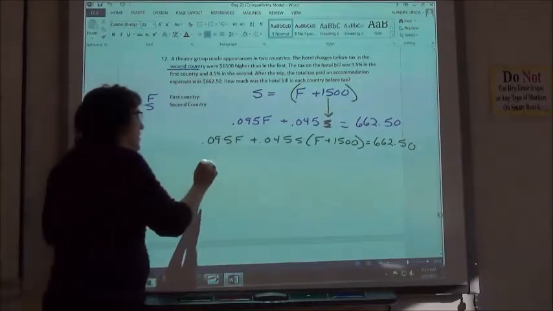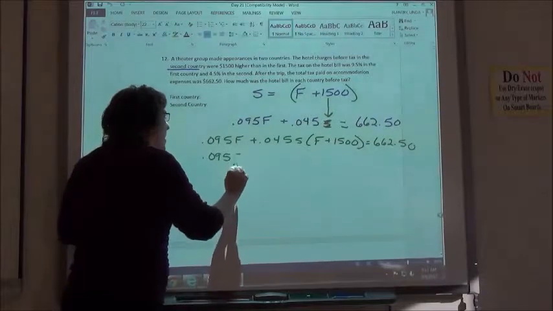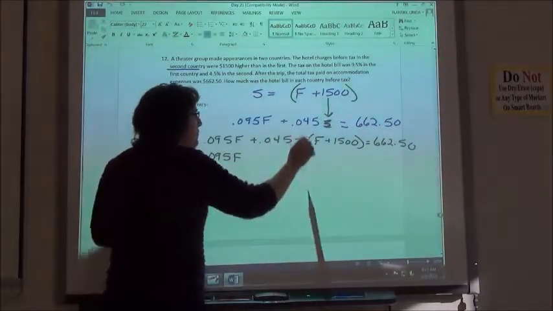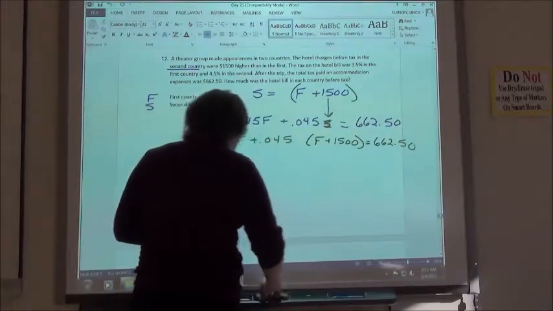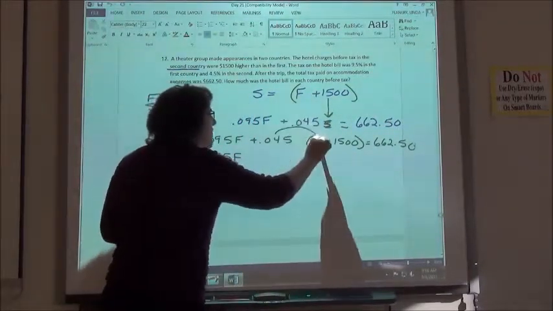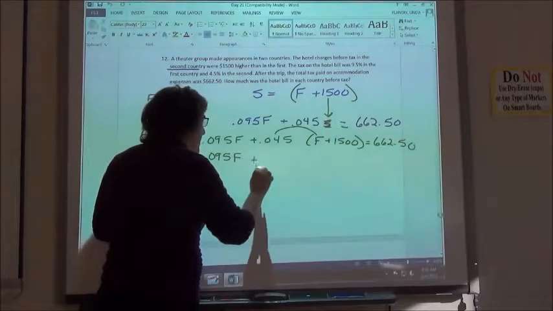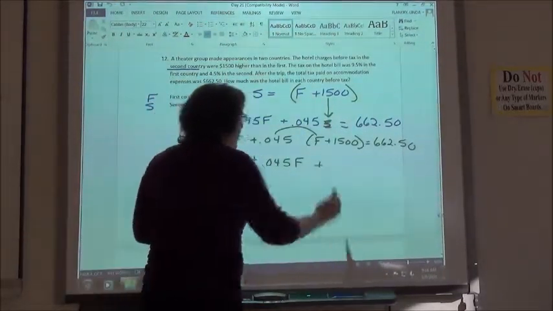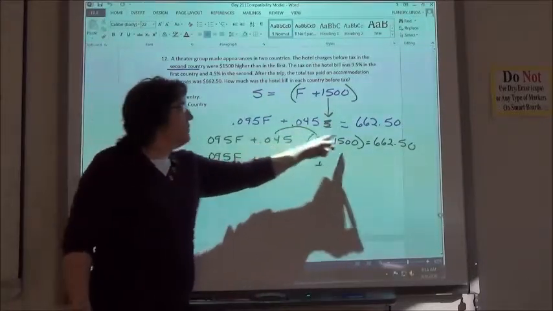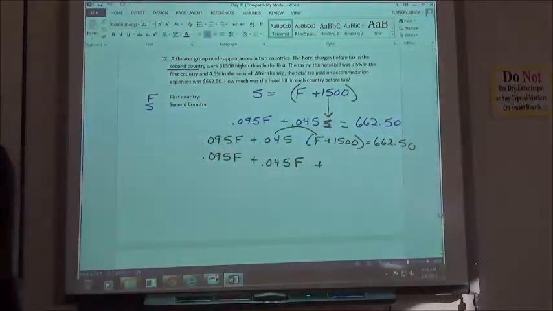So 0.095F, using my distributive property, plus 0.045 times F, 0.045F, plus I'd have to take 0.045 times 1,500.